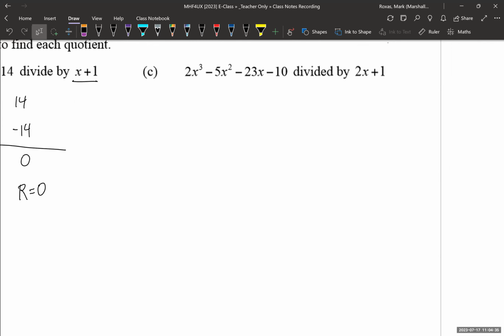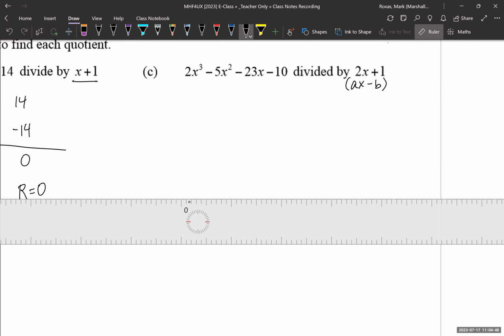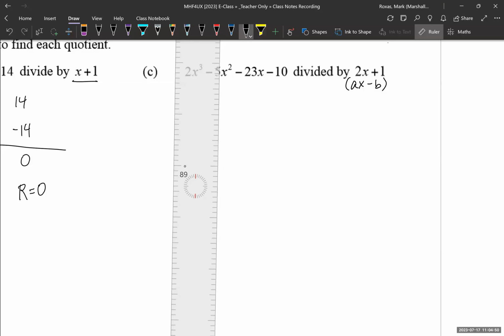So 2x cubed minus 5x squared minus 23x minus 10 divided by 2x plus 1. And so now we have this form with the coefficient, ax minus b. So let's draw out our chart.